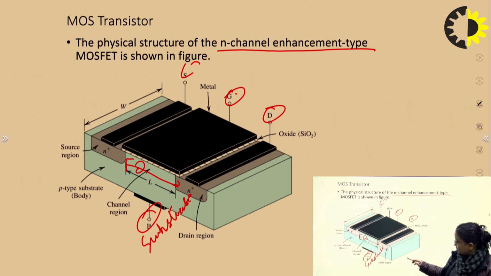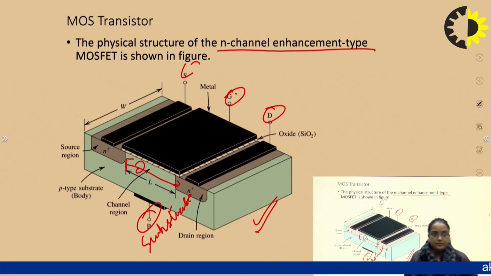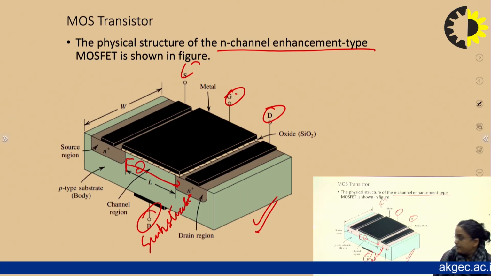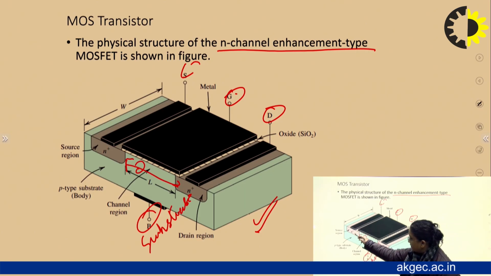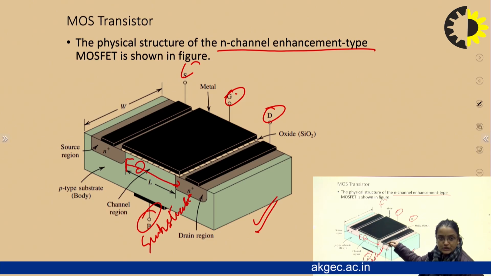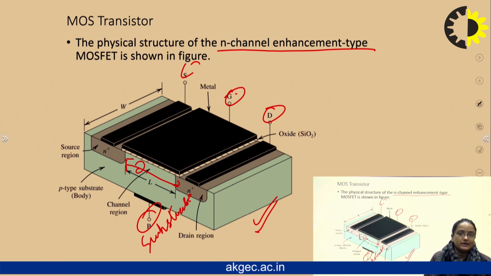This is the basic construction diagram of the N-channel enhancement type MOSFET. Why are we calling it N-channel? Because these are N-doped regions, and the accumulation of electrons in this region results in the creation of the N-channel.